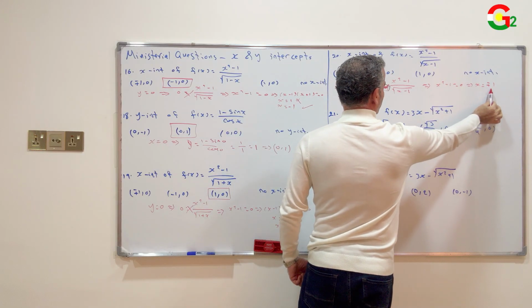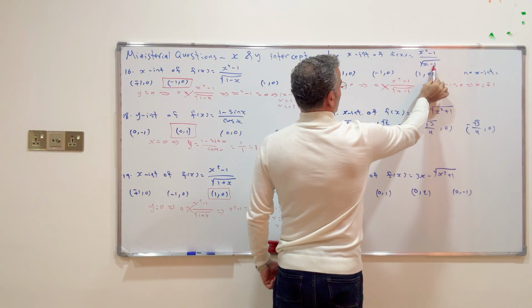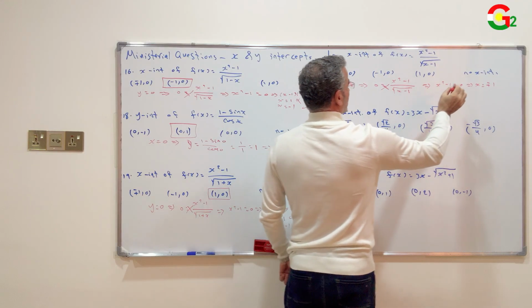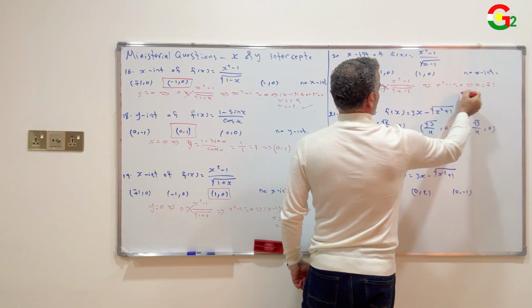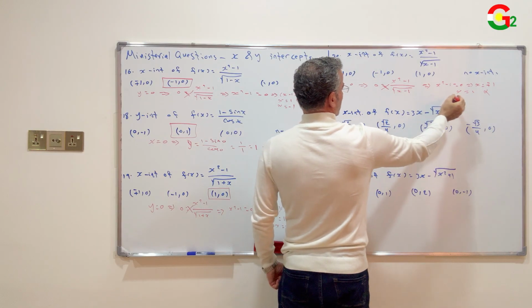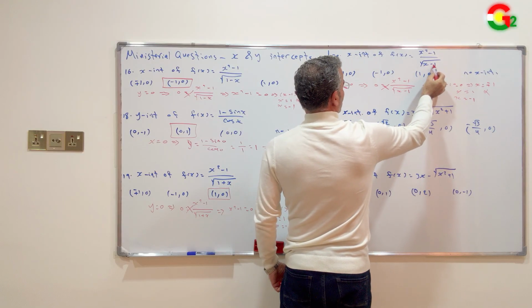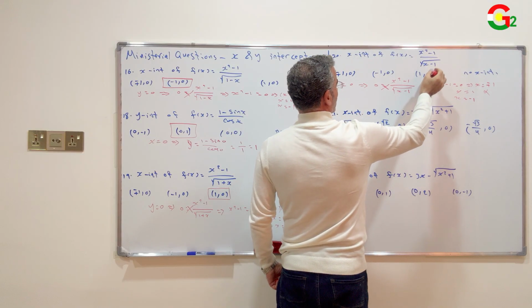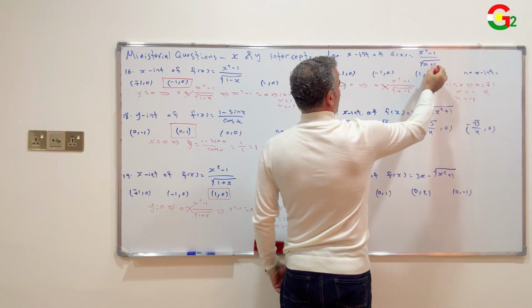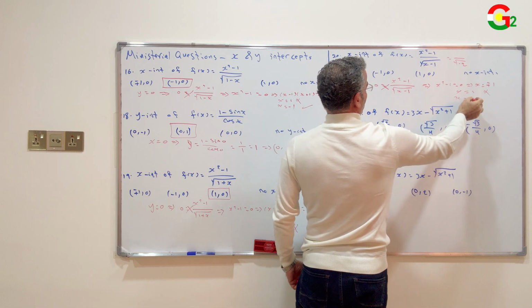Let us check these points. When x equals 1, the denominator will be 0, since 1 - 1 is 0. Then x equals 1 is not an x-intercept. For x equals negative 1, negative 1 minus 1 is negative 2, and the square root of negative 2 is undefined.